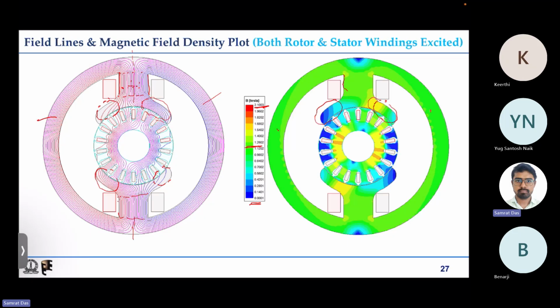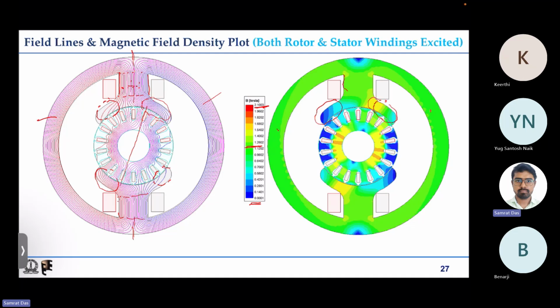The axis is not straightforward in this case, at least in the stator, because flux lines are not uniformly distributed on the two sides. In the yoke portion it reasonably remains vertical, but the main thing happens at the rotor. In the rotor, you can see that the rotor flux axis has tilted like this.